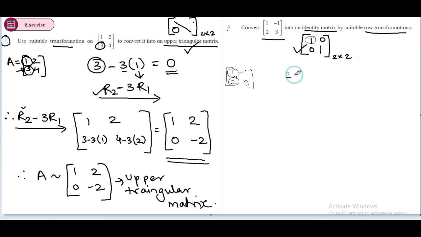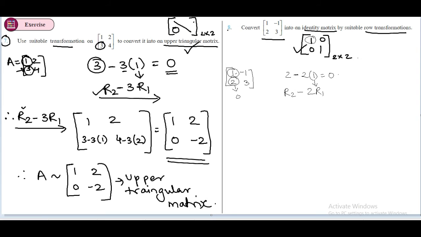I have to subtract something from this to get 0. So I have to subtract 2 with the help of the first row, that is the first element. Here I can make it 0, right? This I have taken from R1, the scalar that I have multiplied is 2, subtracted from R2. This operation will help us bring 0 here.